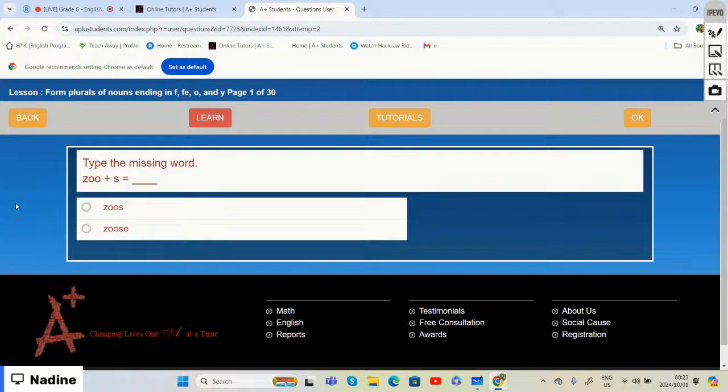So option one, zoos, or option two, zoos. You need to give me the correct option, either option one or option two, not both, only one option. Which one is correct?